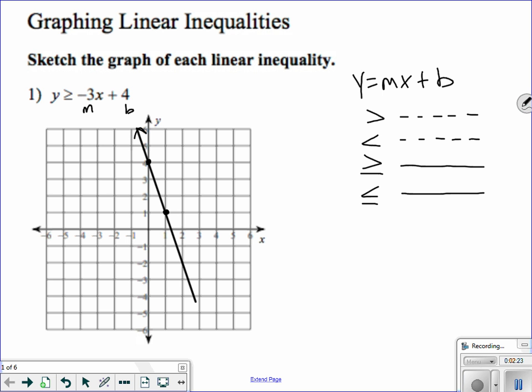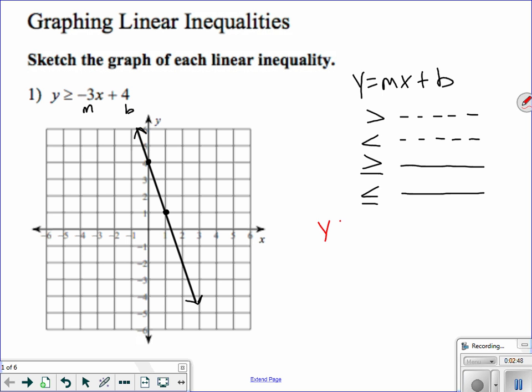And it does go on forever in both directions. Now, the one difference with an inequality is we have to shade one side of the line or the other. We don't just get to make the solid line or the dashed line. We have to do some shading. So we need to figure out which side of the line to shade.